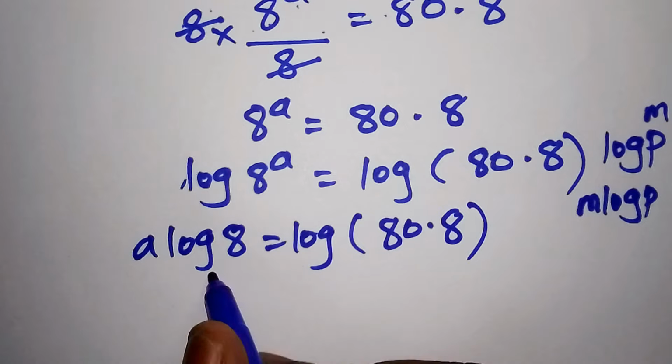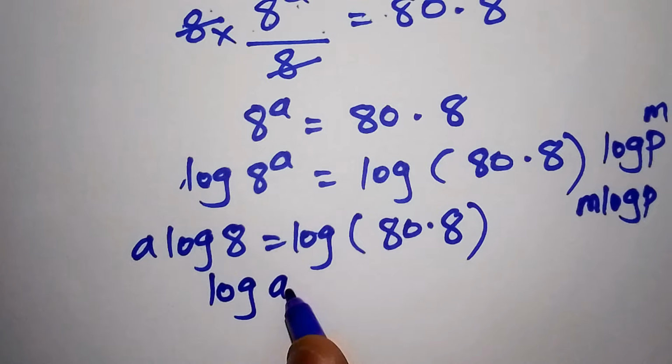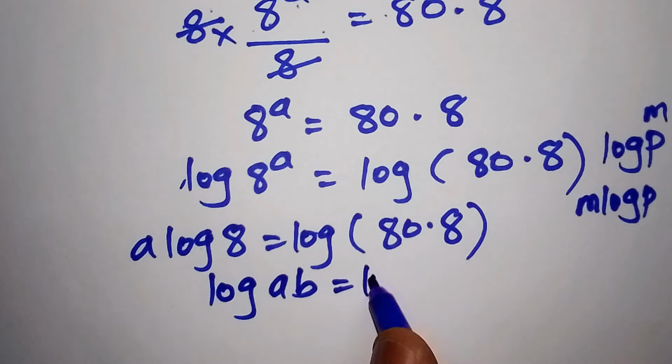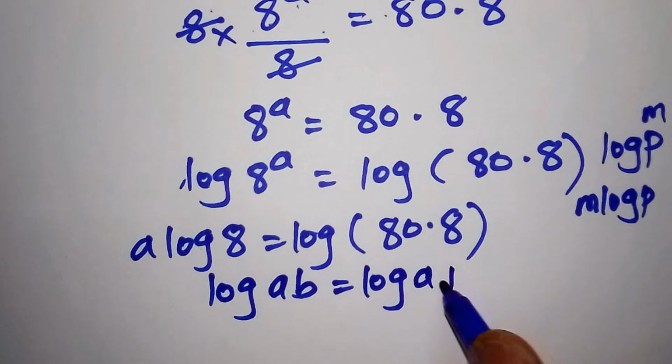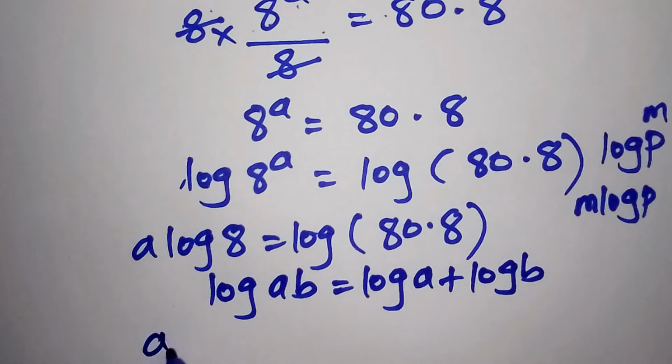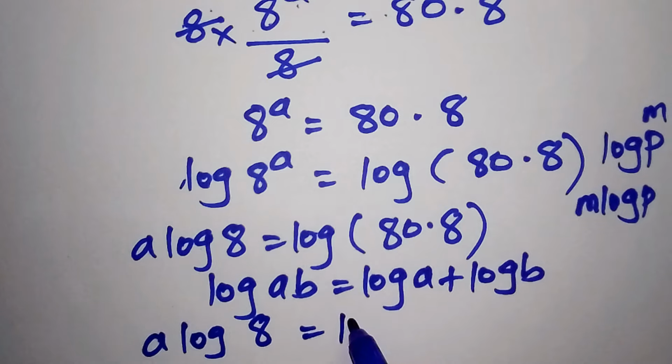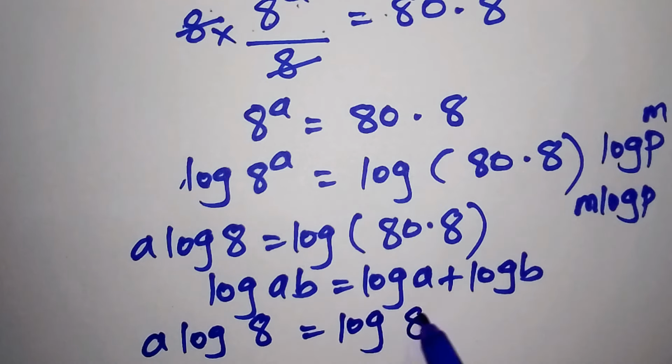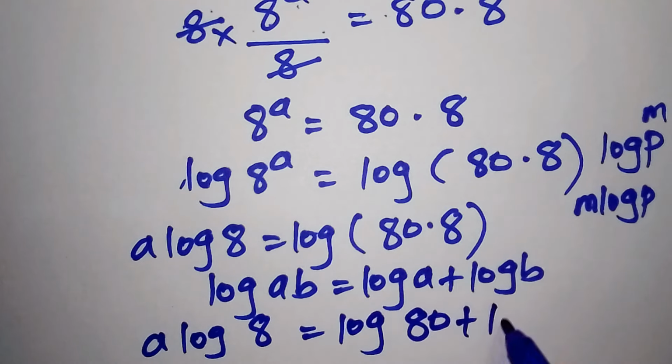Assuming that we have, for example, the log of a multiplied by b, this can be written as the log of a plus the log of b. So here now we shall have a, the log of 8 is equals to the log of 80 plus the log of 8.